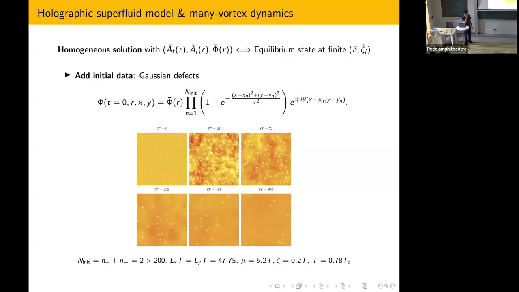And now we want to create a state which has vortices. So we solve the bulk equations of motion with certain initial conditions, which are the ones shown here. So we take the scalar field and we deform it by introducing randomly Gaussian defects in the field. So the positions x_n and y_n are randomly distributed in the system.